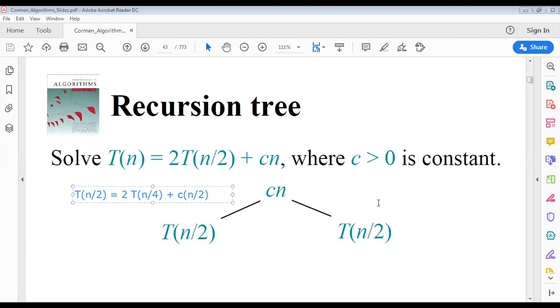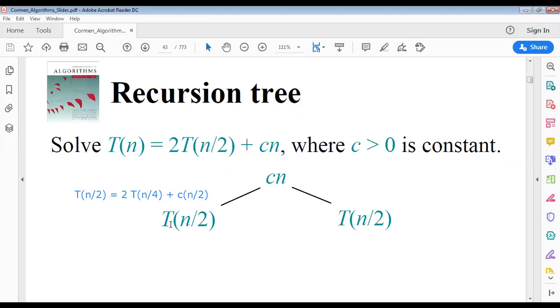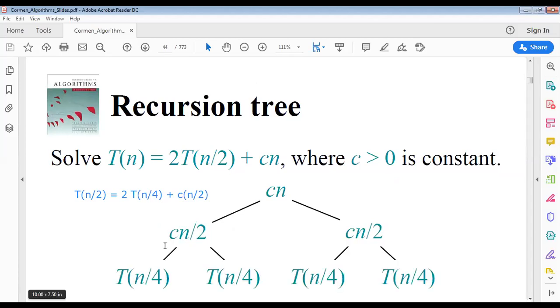In this manner, we can solve it. So if we put the T of n by 2 value, it should be 2T of n by 4, and cn by 2. And similarly we put the same values.